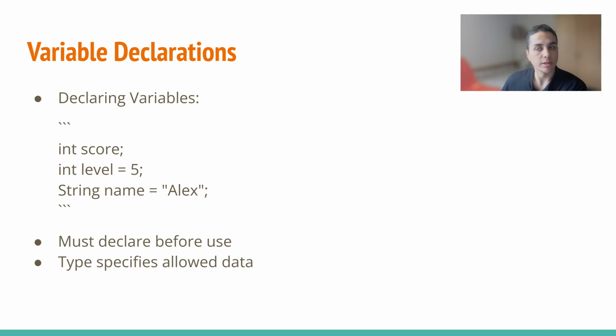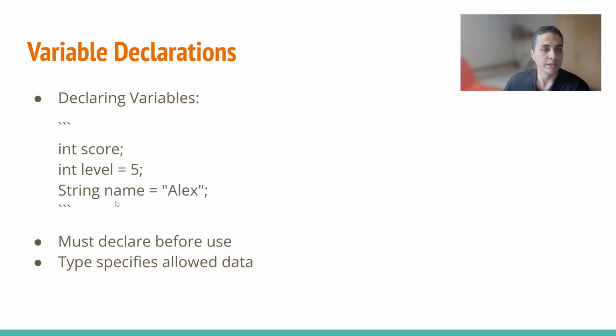So there are variable declarations. We can have some variable types. For example, here we have int for integer, which means numbers, int score, int level, and String name. So score is an integer, which is self-explanatory. It's a mathematical number. Level is the same. You can initiate it empty, or you can give it a value.